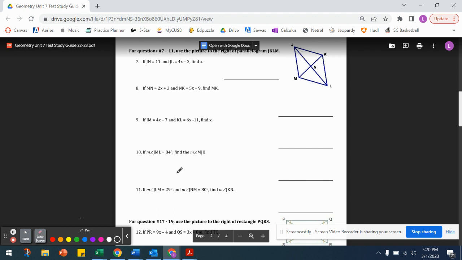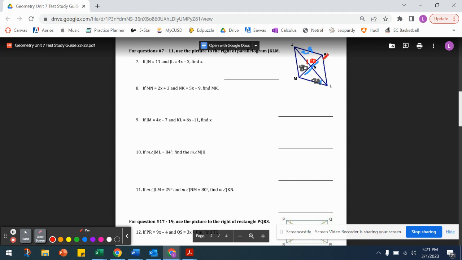Number 11 says angle JLM is 29, and it says angle JNM is 80. Again, I know that alternate interior angles are congruent, so if this is 29, then this other angle over here has to be 29. And I know that these make a straight line, which is 180 degrees, so if that one is 80, then that one on the inside has to be 100.